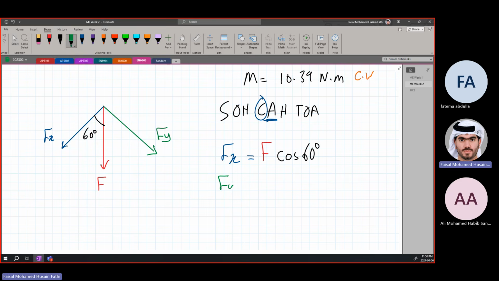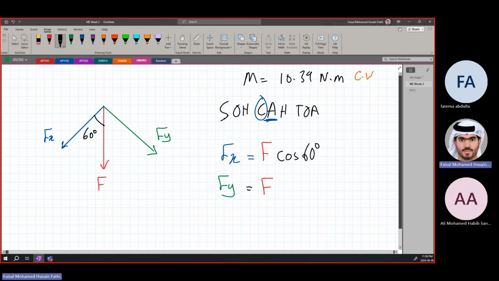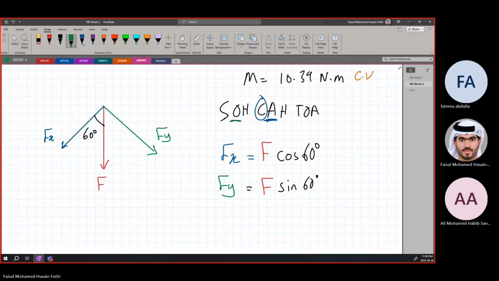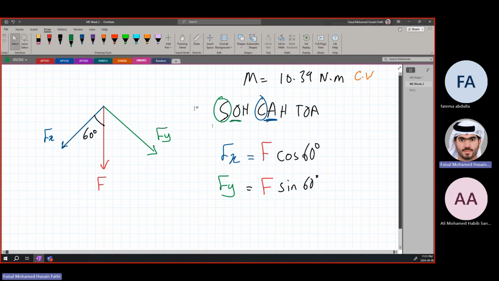In the case of Fy, the angle is not adjacent to Fy, it is opposite to Fy, so it is equal to the same force F times sine 60 degrees. This is simply a shortcut of the SOH CAH TOA method that we usually do. All right?